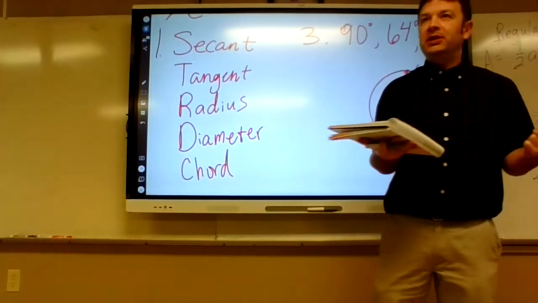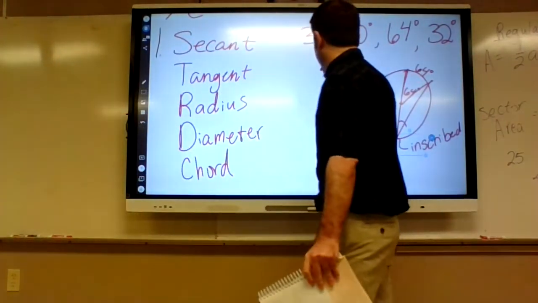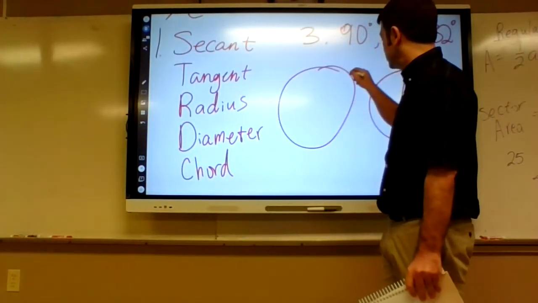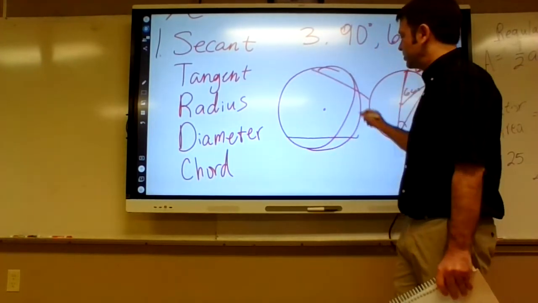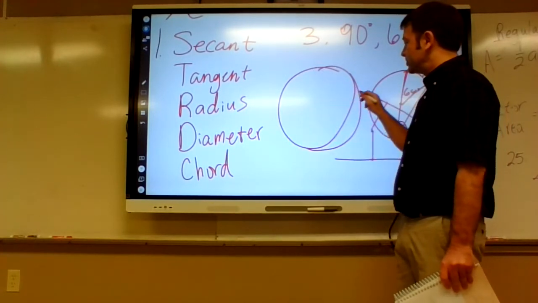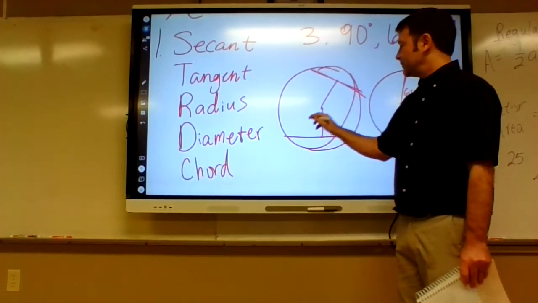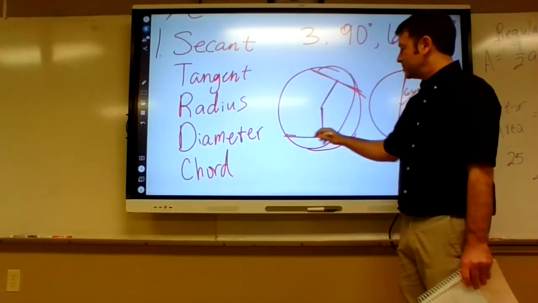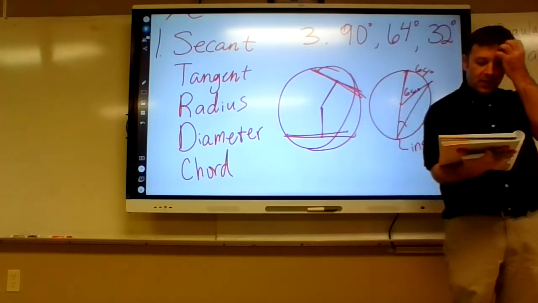We also learned if the chords are the same length from the center of the circle, then they are the same length as each other. Like this would be this. If this is the same as this, then these two chords are the same.